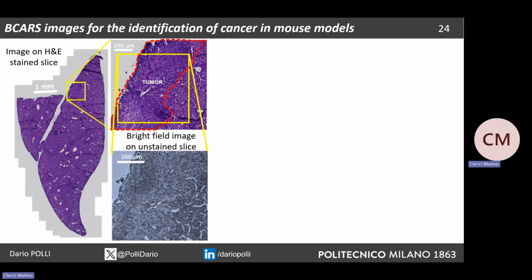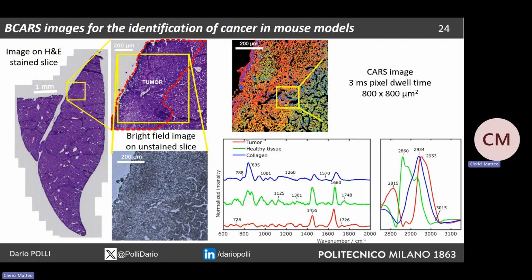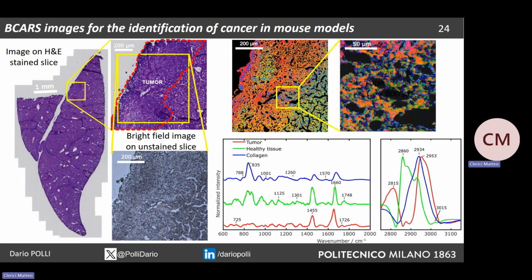We take the next adjacent slice, which is not stained, which is just white, and with CARS we can distinguish the tumor area in red, the healthy tissue in green. We can also see the collagen in blue, and we can see where the tumor is. Here you see where red is denser, means that the tumor is more severe, and you can see a gradient toward the green.